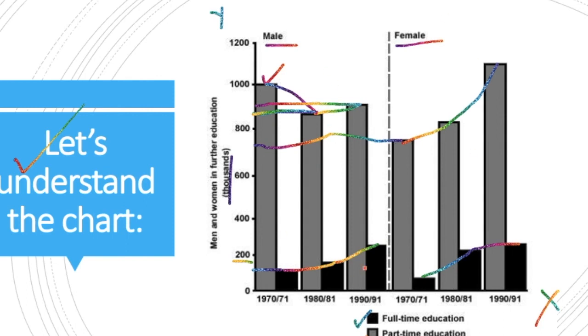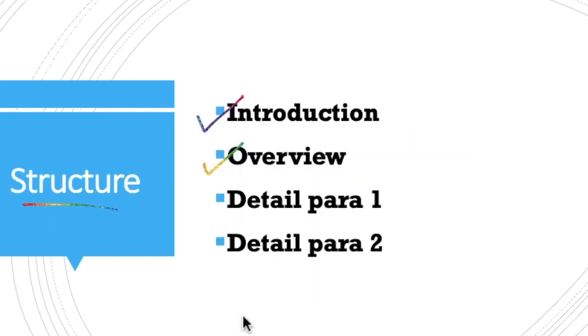The second thing that you see is that women's education is increasing steadily, but male education is fluctuating for part-time education, right? So remember not to use any statistical information, any numbers, any figures in the overview statement.